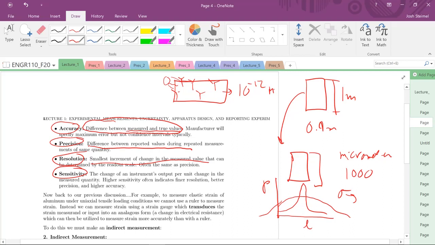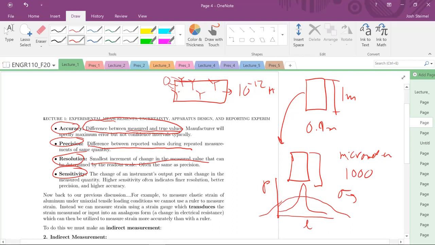Does that mean much to you? Really, no, but it's how small of a value you can measure. So going back to the microcracks, if you can measure an angstrom, you have higher resolution than the device where you can only measure a nanometer. So keep that in mind.